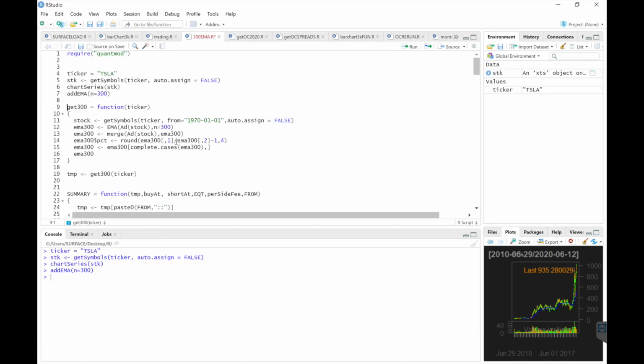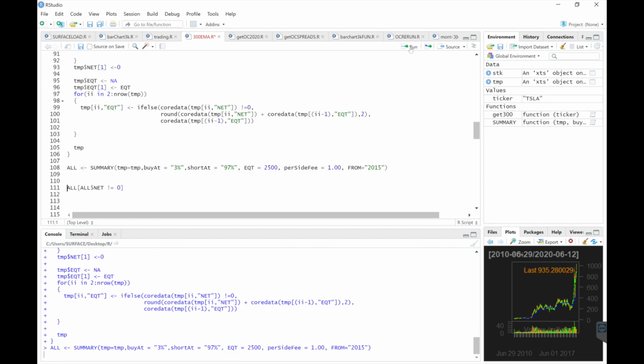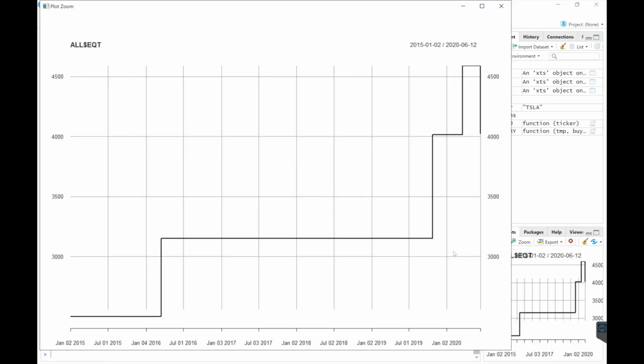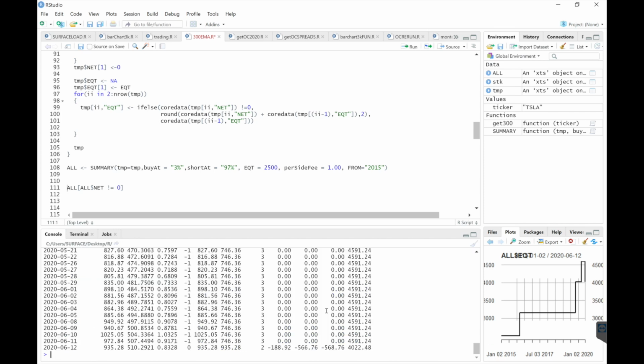Which is very interesting. We'll plot the equity curve. So again, we see a nice steady uptrend in the equity curve, but I have a feeling it's not doing so well right now. So we'll plot the last 50 observations.